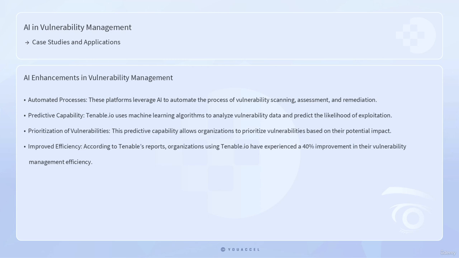This predictive capability allows organizations to prioritize vulnerabilities based on their potential impact, thereby optimizing their remediation efforts. According to Tenable's reports, organizations using Tenable.io have experienced a 40% improvement in their vulnerability management efficiency. This highlights the role of AI in streamlining vulnerability management processes and improving overall security outcomes.